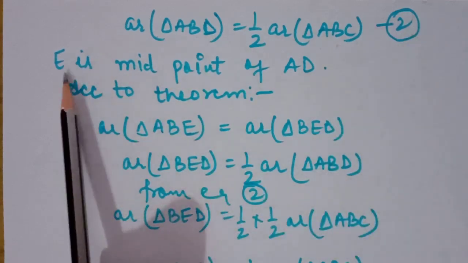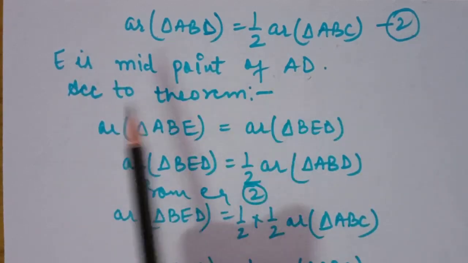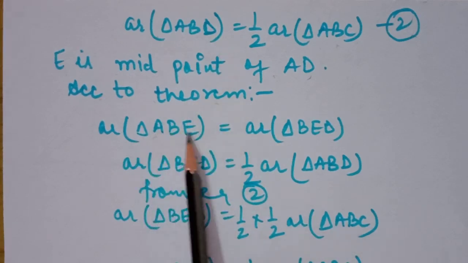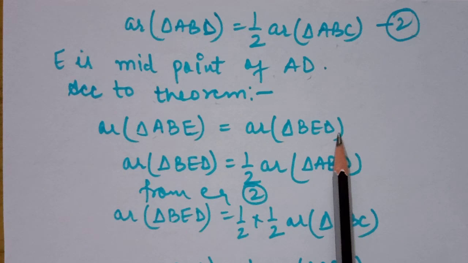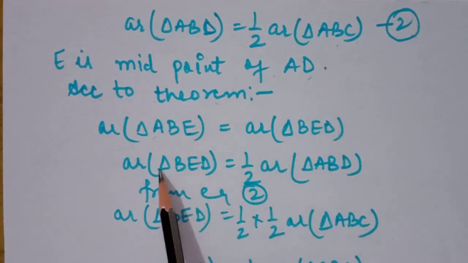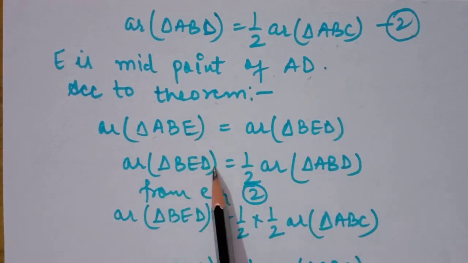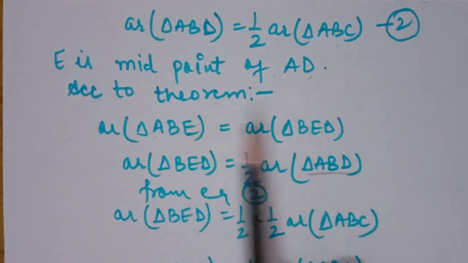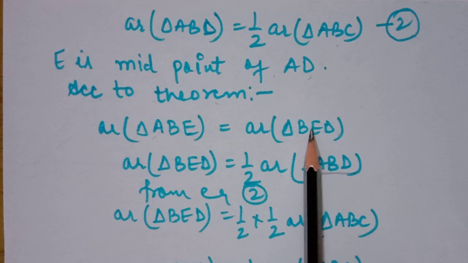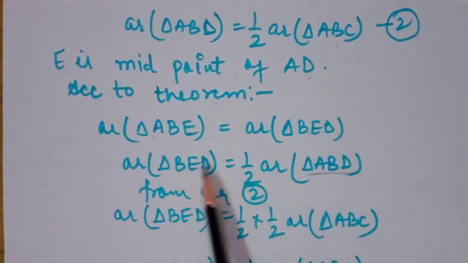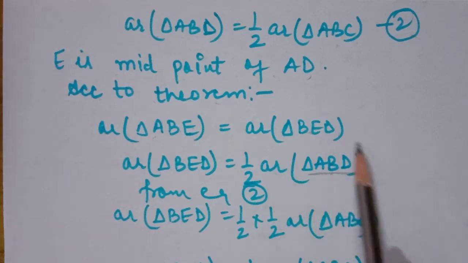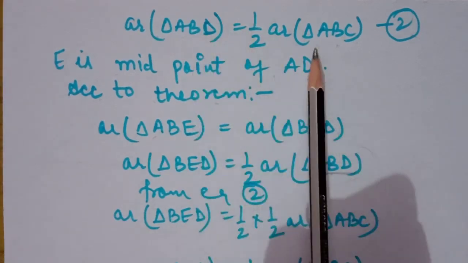Equation number 2. E is the midpoint of AD, given. According to the median theorem, area of ABE is equal to area of BED. It means area of BED is half of the area of ABD. But we know very well that ABD is already half of ABC.